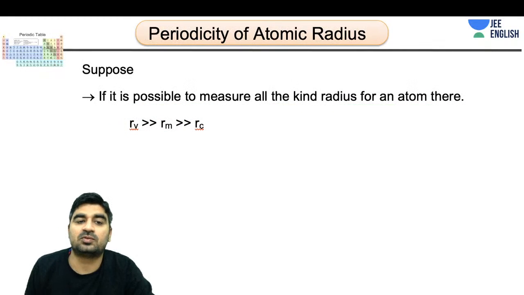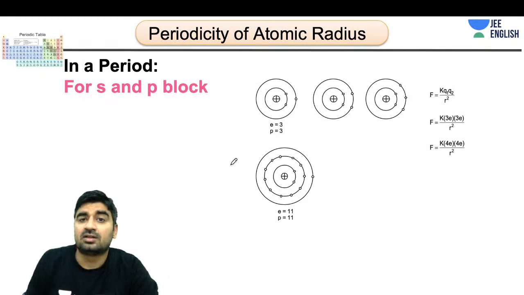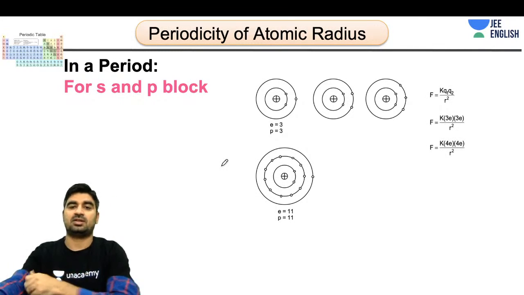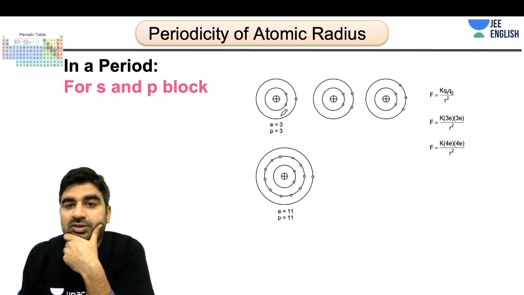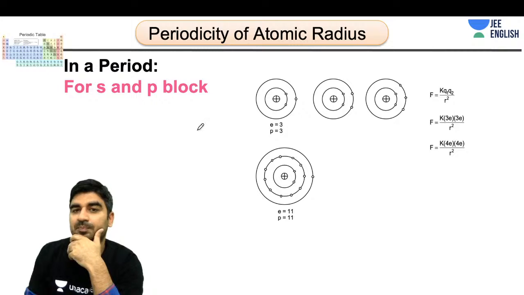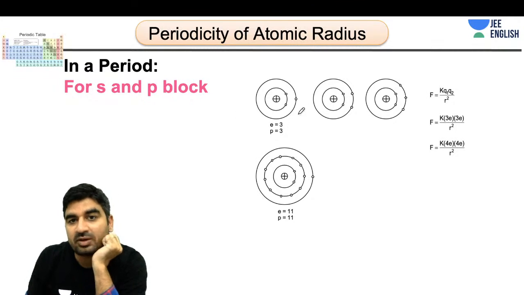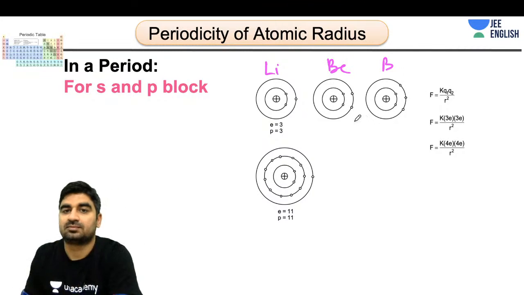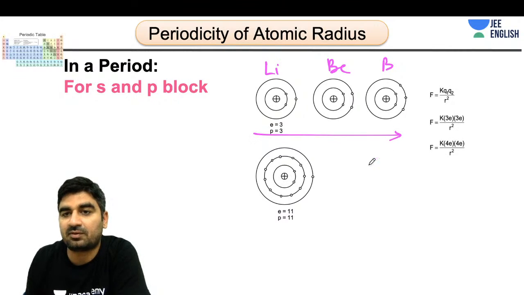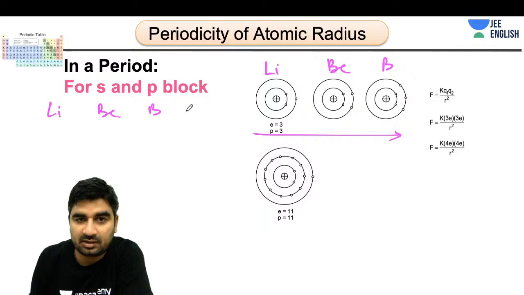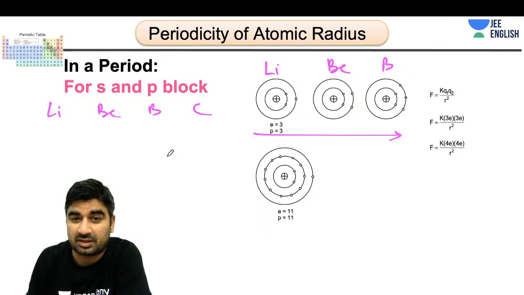Okay, so now let's move. Now we will talk about the periodicity. If I talk about how radius will vary within a period or within a group. In the period, this is lithium, beryllium, boron. When we are moving in a period from left to right, lithium, beryllium, boron, carbon, what is going on, guys?